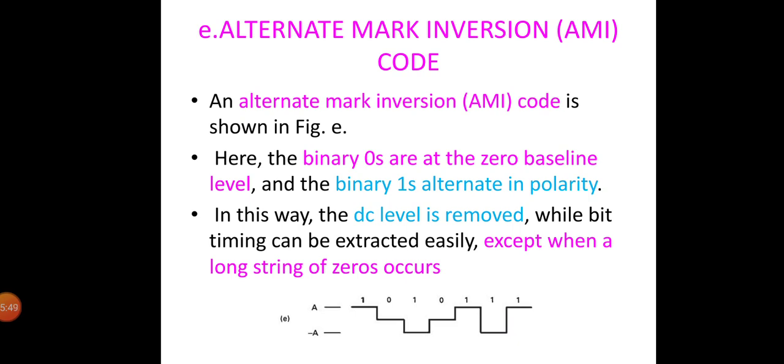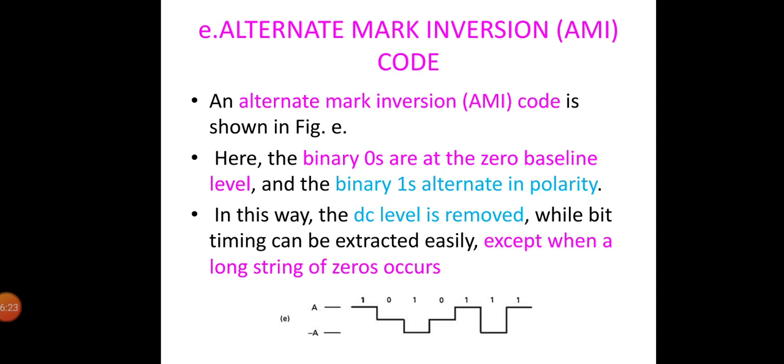For split phase encoding, the square waveform with the highest repetition frequency occurs with a long sequence of like symbols such as 11111, and the periodic time of this square waveform is TB, and hence the fundamental frequency component is twice that of the basic polar non-return to zero. Thus, split phase encoding requires twice the bandwidth compared with basic polar non-return to zero, while the bit rate remains unchanged. The utilization of bandwidth measured in bits per second per hertz is therefore less efficient.